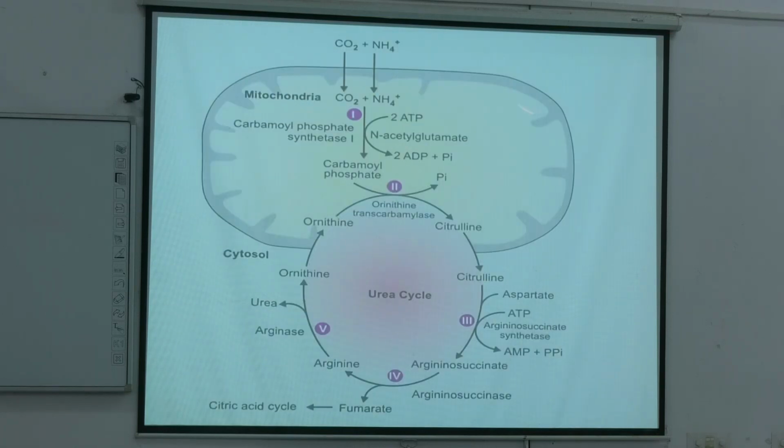I already told you that two main steps proceed in mitochondria and other steps proceed in cytoplasm. You will see the reaction, argininosuccinate, arginase, urea, ornithine, all this proceeds in the cytosol. And this fumarate goes directly to the citric acid cycle. That's the TCA. I think all of you understand this.